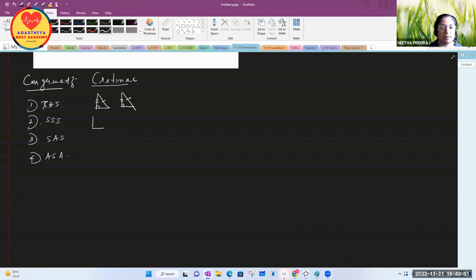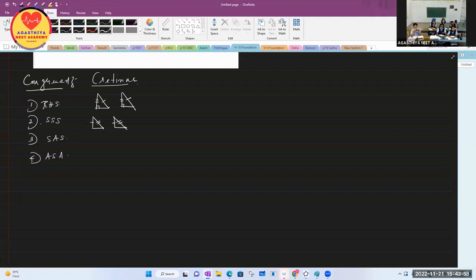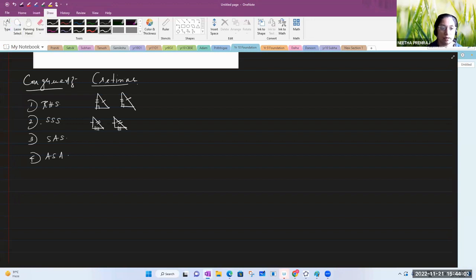Then SSS: all the three sides of two triangles are matching with each other. The three side measures of one triangle are matching with the three sides of the other triangle.